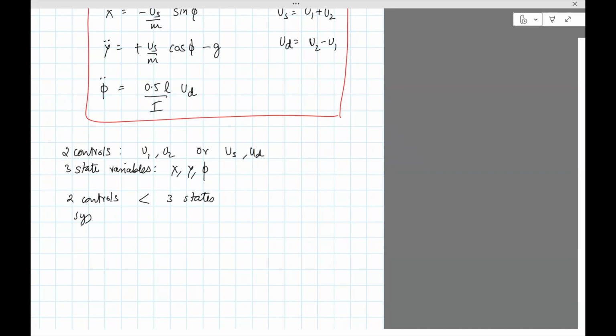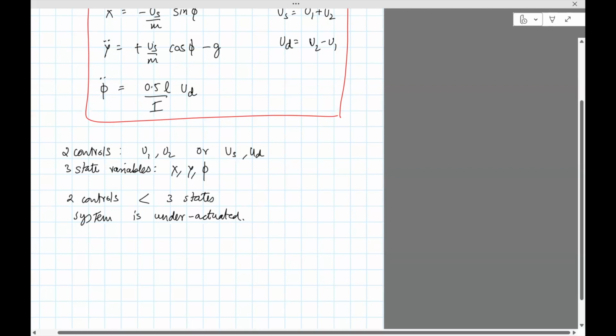It's harder to control such systems because you don't have total control over all three degrees of freedom using the same number of controls.